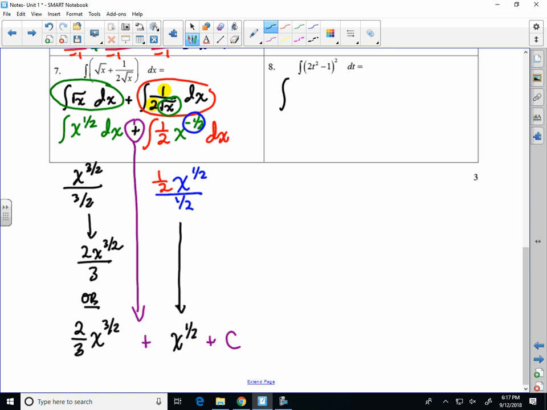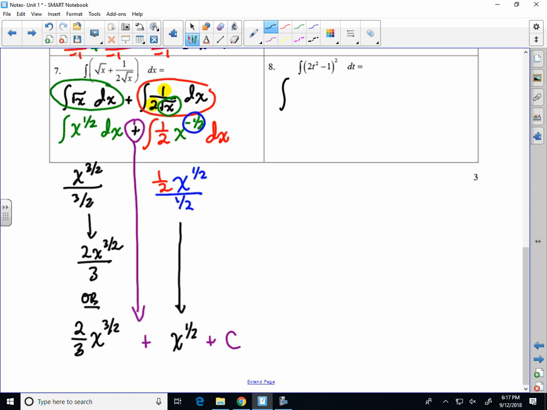All right, 2t squared minus 1 squared. Now we have not learned to use substitution in this course yet, or trig substitutions or anything that might be able to handle this type of integral with a differing approach. There's a much simpler way anyway. Expand the polynomial.